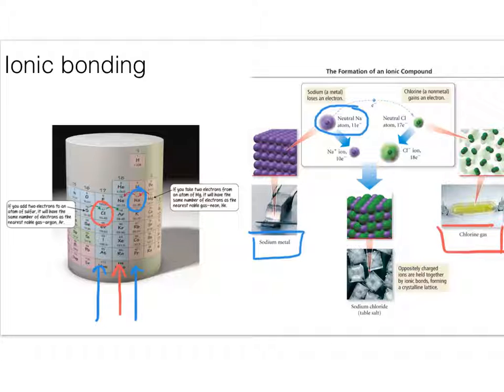And so it can absorb an electron and become a chloride anion, a negatively charged ion, getting 18 electrons, which gives it the same electronic configuration as a noble gas. Once sodium loses an electron and chlorine gains an electron, they are both very happy, but they are also both charged. And we know, of course, that positively and negatively charged species are attracted to one another.